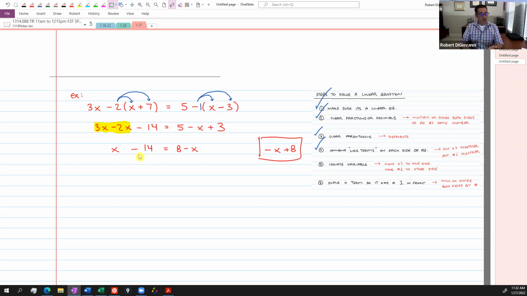It's completely up to you, and every one of you individually can make the decision. Totally your call. So I'm going to choose to move them to the left. I'm going to leave this x here, which means I have to get rid of this minus 14. And on this side, I need this negative x to come over to the left side, right?